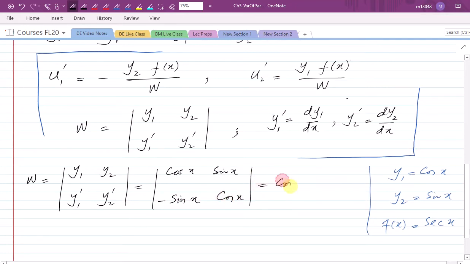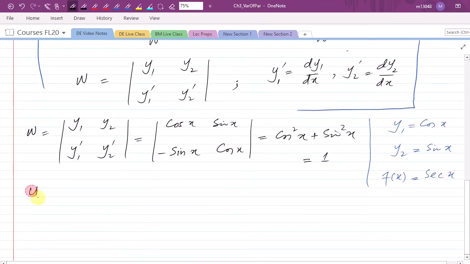That is equal to cos square x plus sine square x, and luckily it is equal to 1. That will make our life very easy.